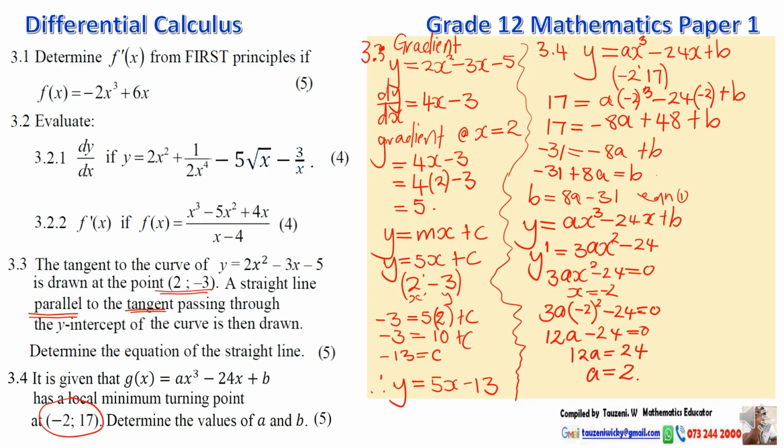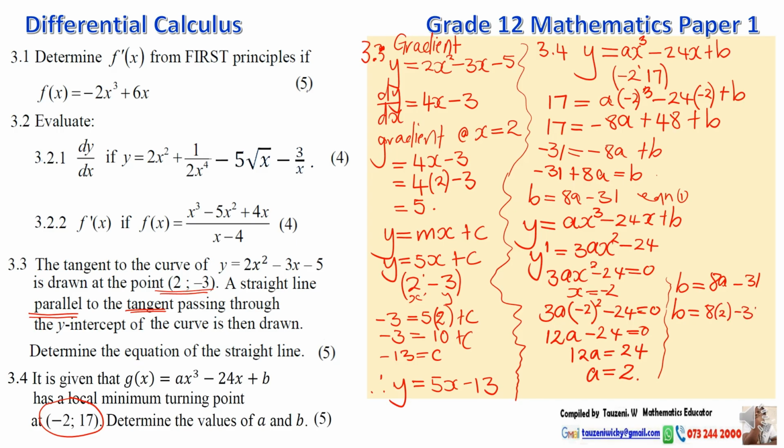Now that we have calculated the value of a, you now need to find the value of b. And to do that, we go back to our previous first equation that we got. B is equal to 8a minus 31. A is equal to 2, therefore b is equal to 8 times 2 minus 31.